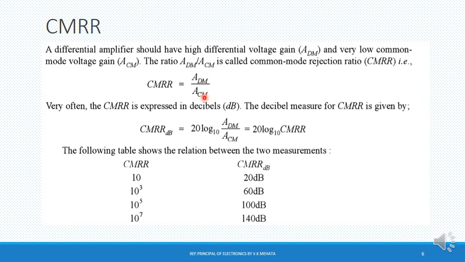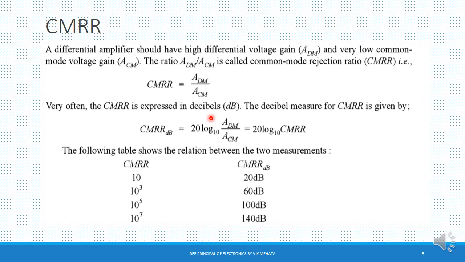Okay, before that we have another two sentences here, that is CMRR is expressed in decibels. In the last week all of you have studied about the decibels. I think it is not necessary to explain here. Why are we going to use the decibels? If the number is large, then it is very difficult to write.